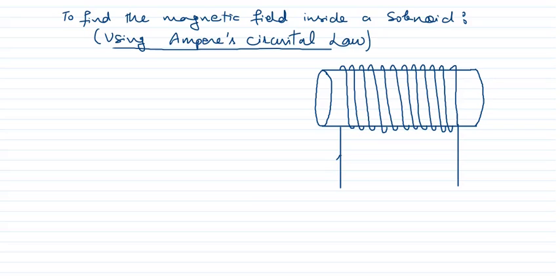Let us suppose the current enters here, and then it will move back and then come down and then move back, come down, and so on. In this way, the current will pass again and again through the wire. So therefore, this is the diagram of the solenoid.